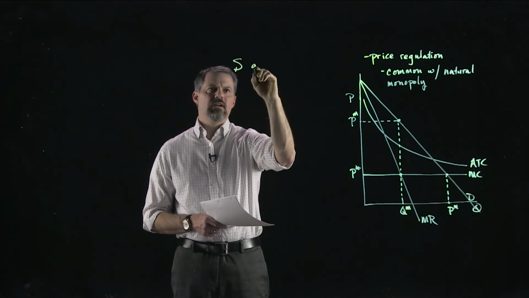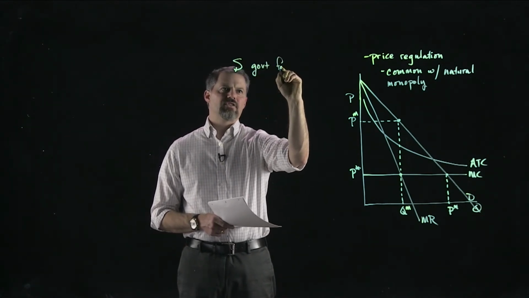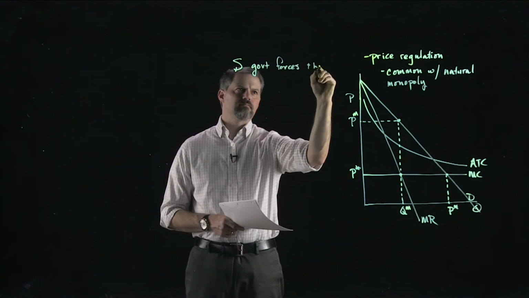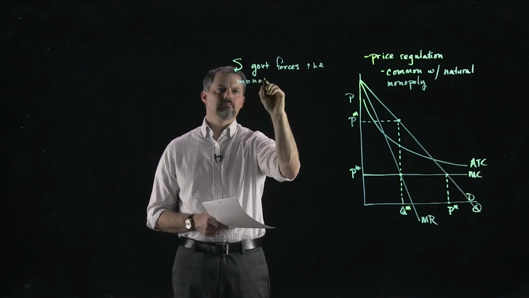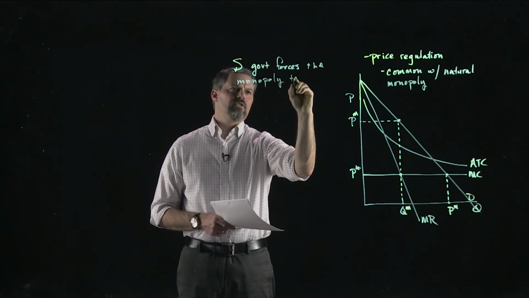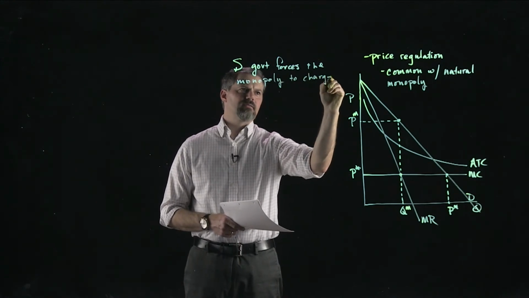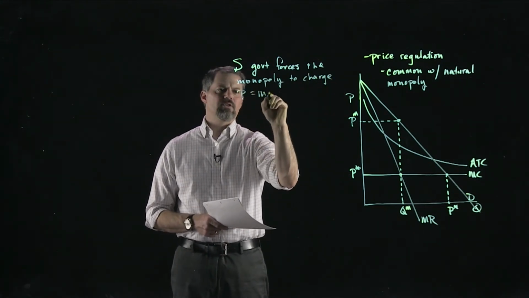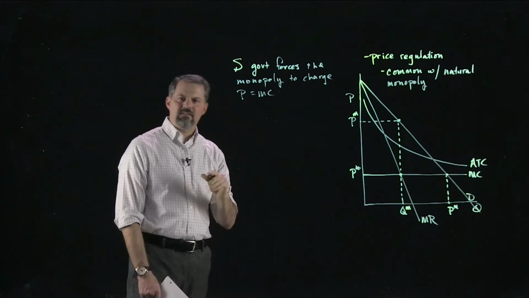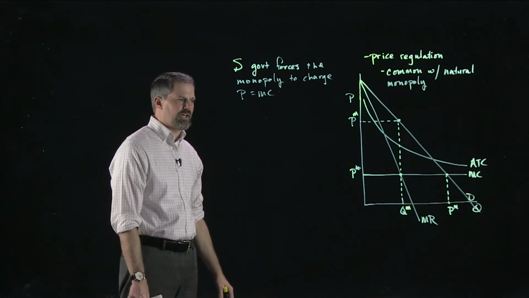So suppose the government forces the monopoly to charge a price equal to marginal cost. Well, there's obviously going to be a big problem with that.